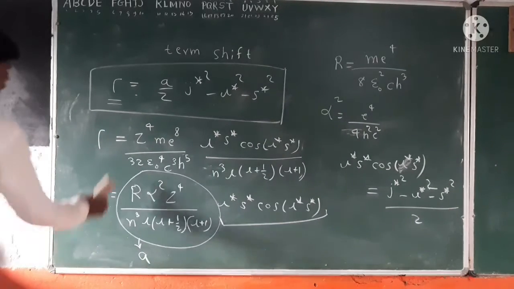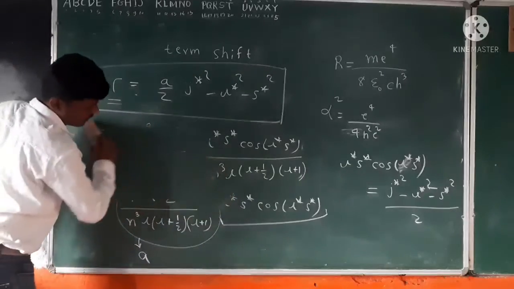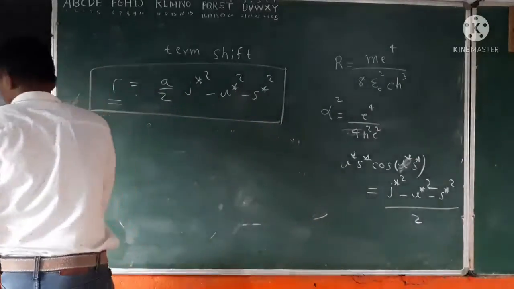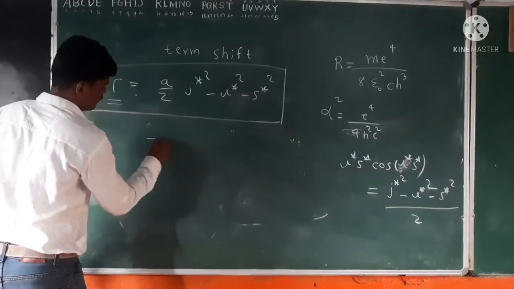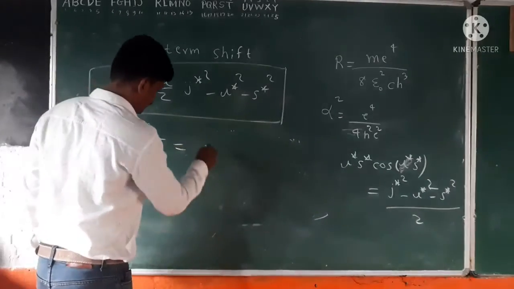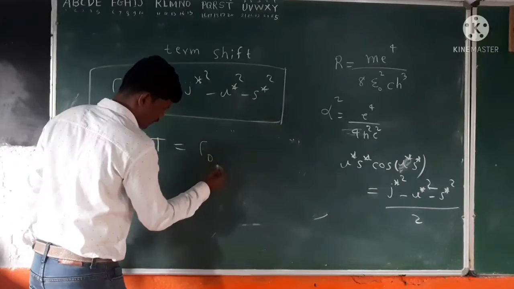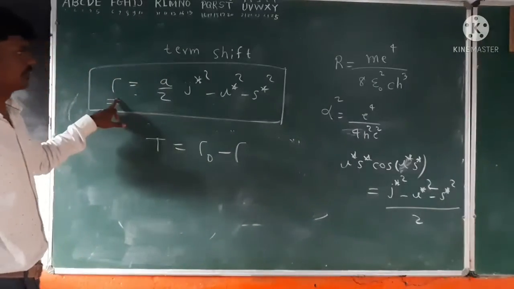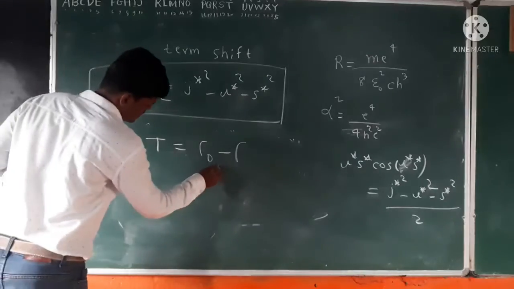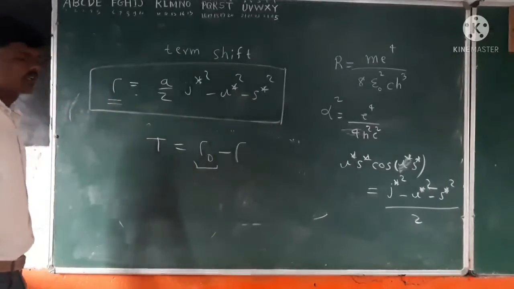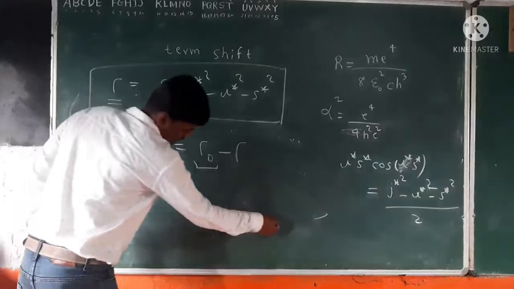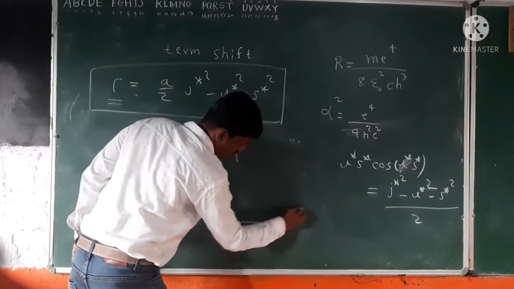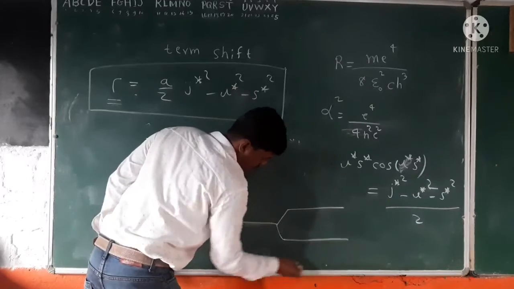So finally, we can represent the term value of a fine structure level as capital T is equal to tau naught minus tau. So this is our term shift here. What is this quantity tau naught? It is a hypothetical center of gravity. We have shown this fine structure doublet here, where the line splits.